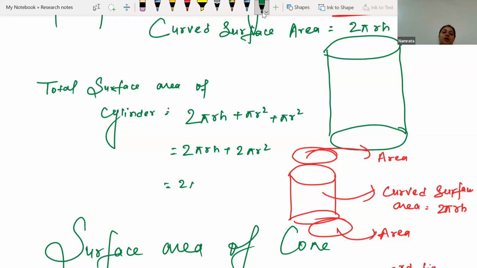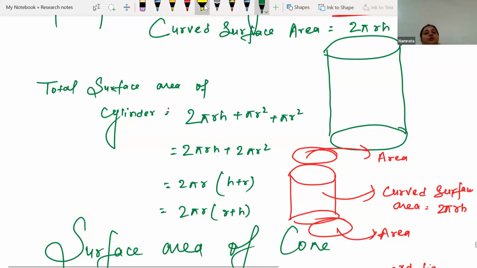That means we can take 2 pi r common, and get 2 pi r times (h plus r), or you can say 2 pi r (r plus h). This is the formula for the total surface area of the cylinder.